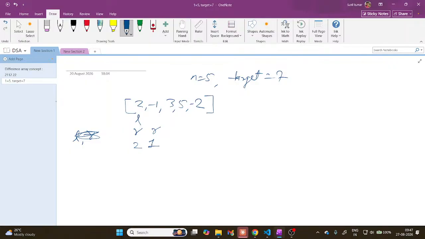Then it's decreasing. So this L and R sliding window only works when we have only positive integers, but we don't have any positive integers here.